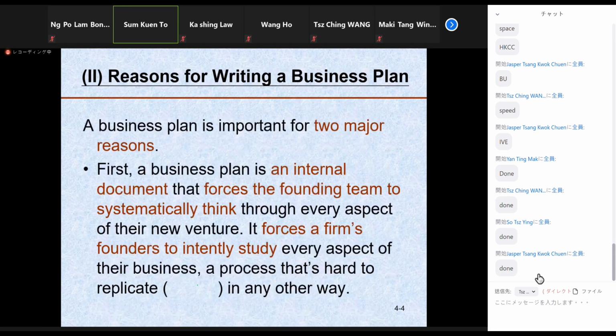The first reason for writing a business plan is internal. You force yourself, whether one person or a founding team, to reconsider and study intensely. All right. Sometimes, when you do your research, you collect the information. When you sit down, you really need to think, is it worthwhile? When you do your feasibility analysis.